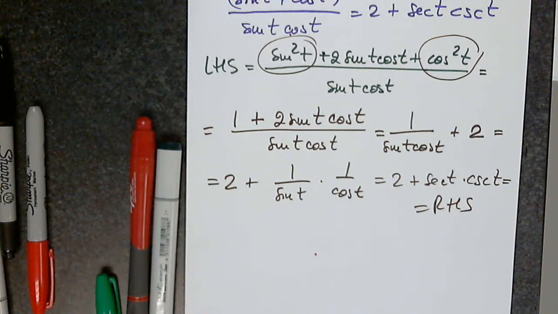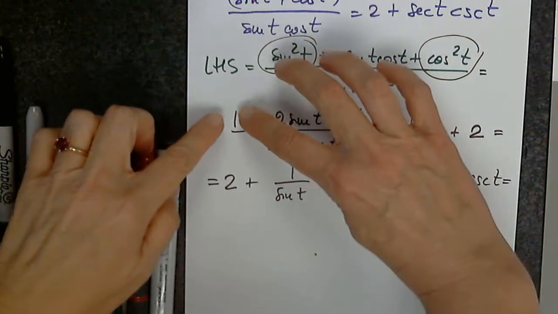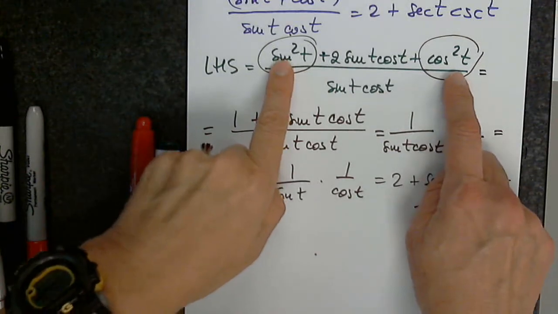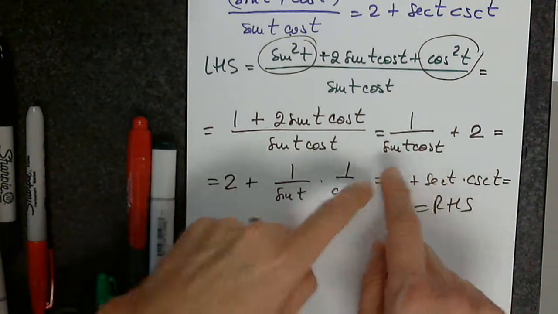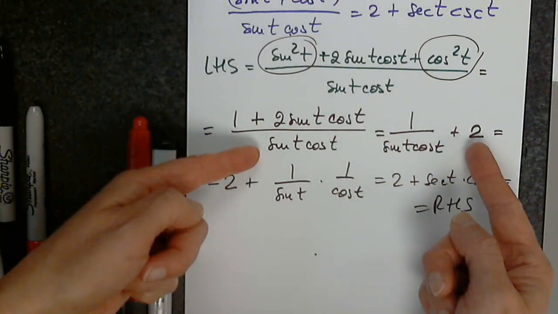Anything else? So the sine and cosine in the middle turn to 1. So you mean these 2? No, the one in the middle. This. Yeah. So 1 over this is here. This over this is 2.